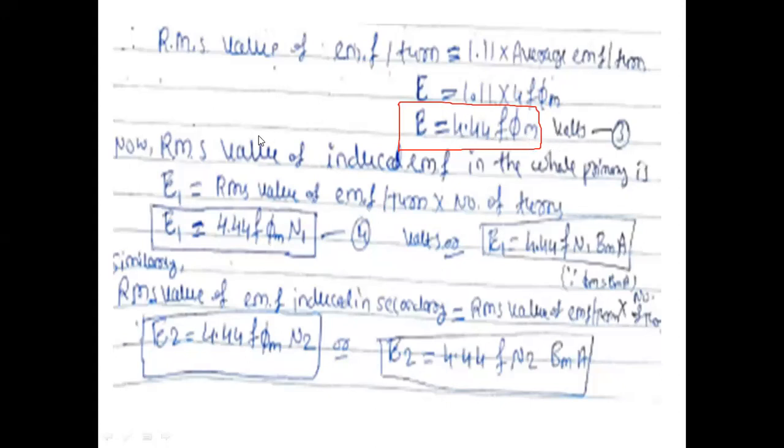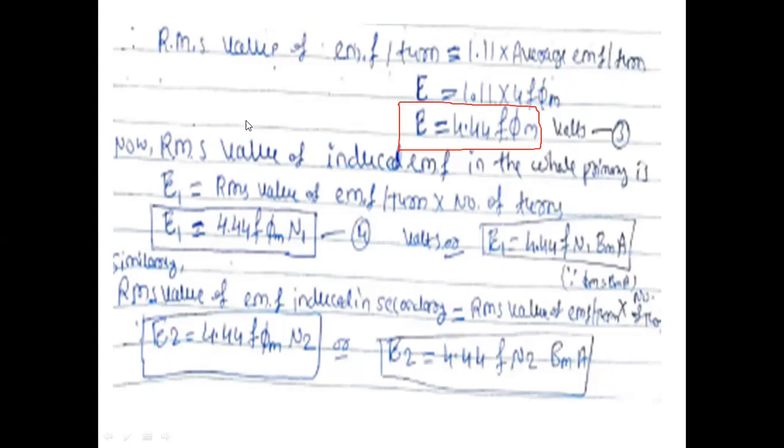Next line, you write down: RMS value of induced EMF in the whole primary.